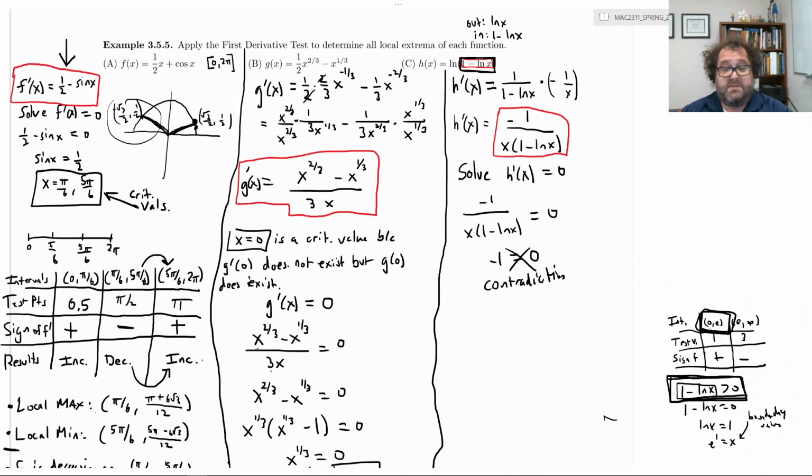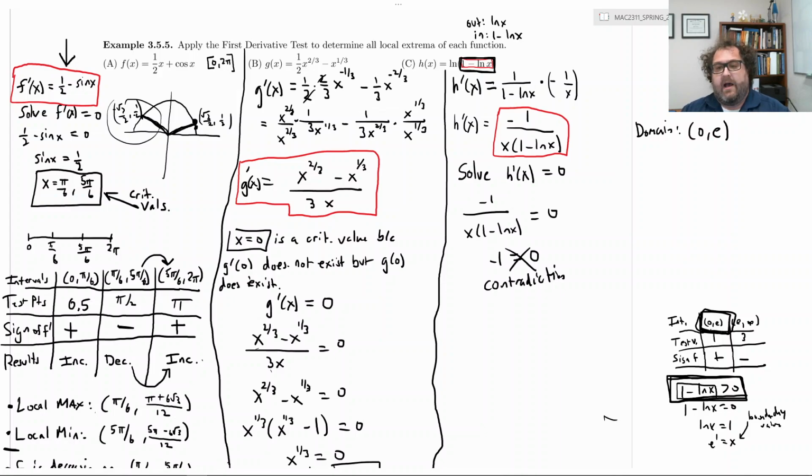Okay, so all of that to explain that the domain of my original function h is 0 to e. Okay, that's a good little review of algebra there that I hadn't really anticipated. The domain is 0 to e.